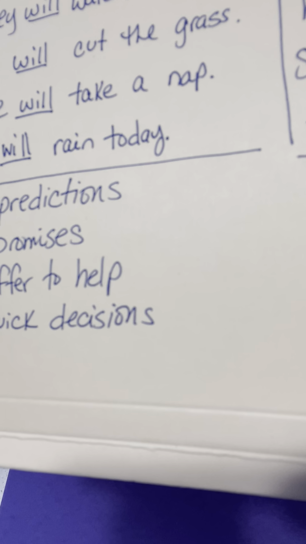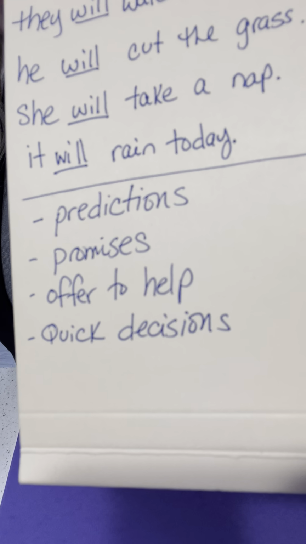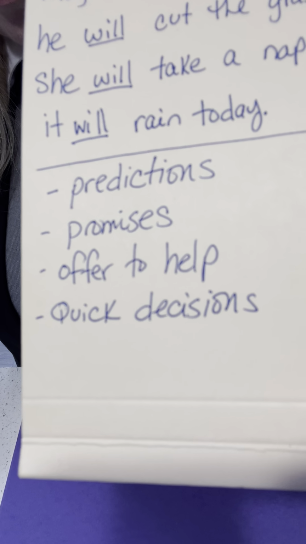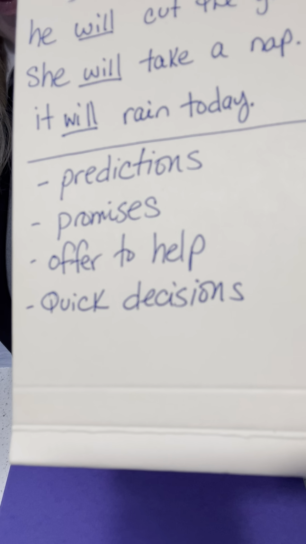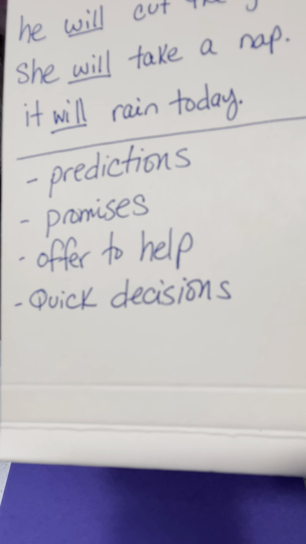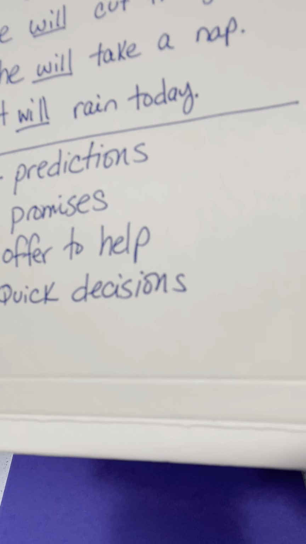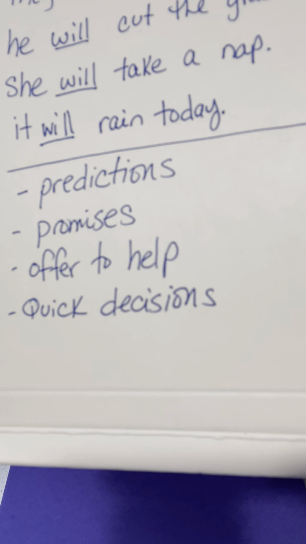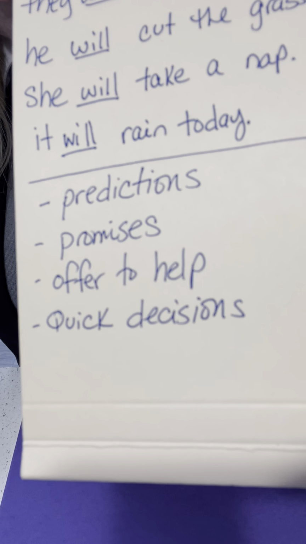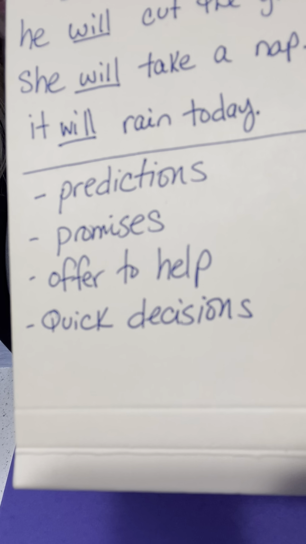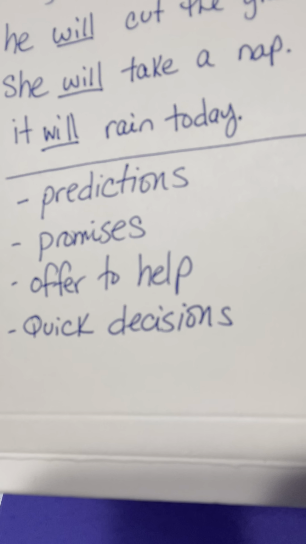If you're driving and you're really hungry, you might make a quick decision to get fast food and say, I will get something to eat right now. If you're at home and you feel very tired, you might make a decision right then to go to bed early. So you might say to someone, I think I will go to bed now.